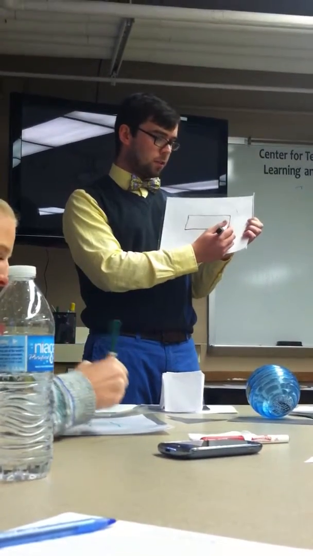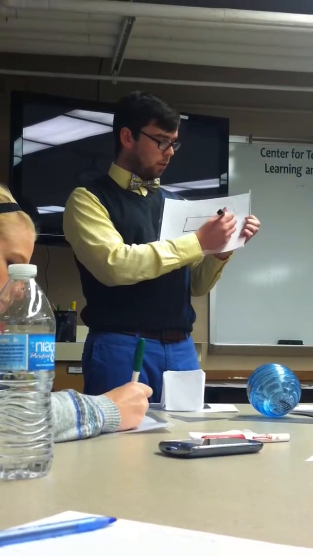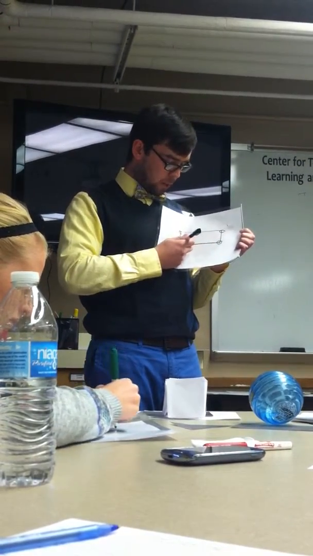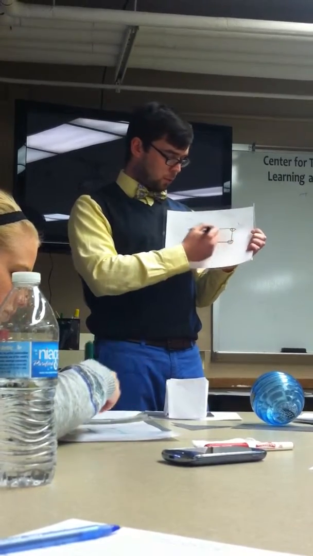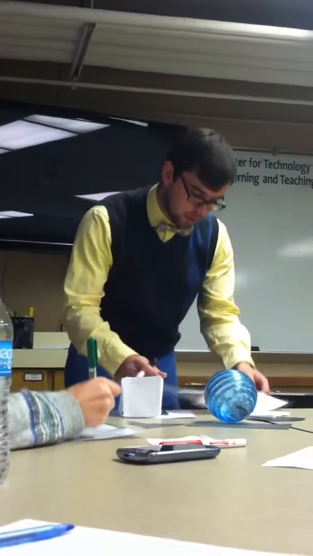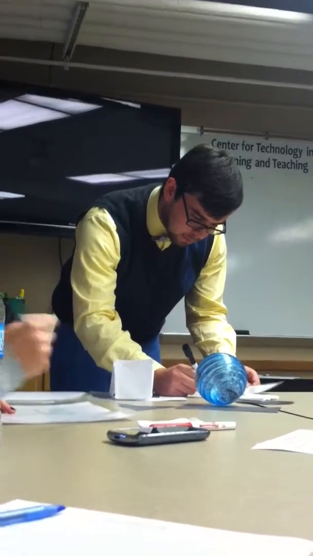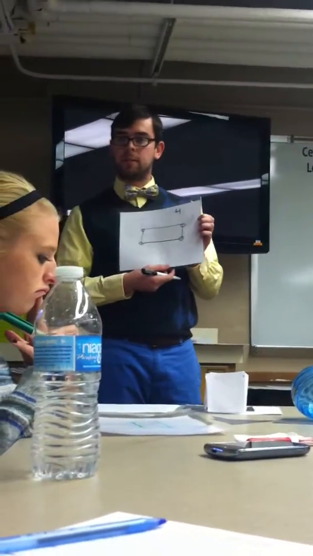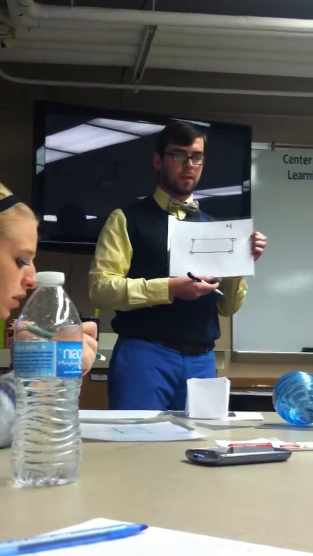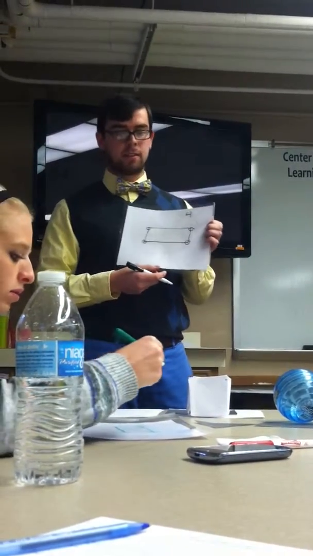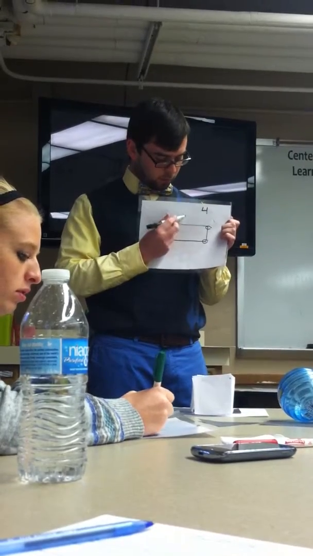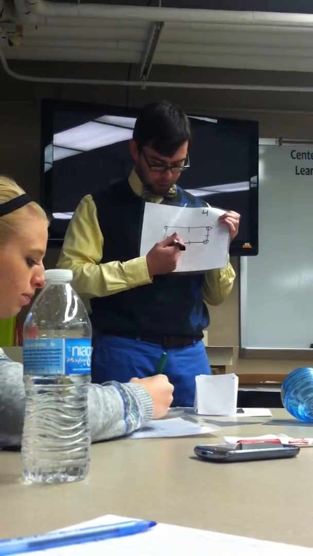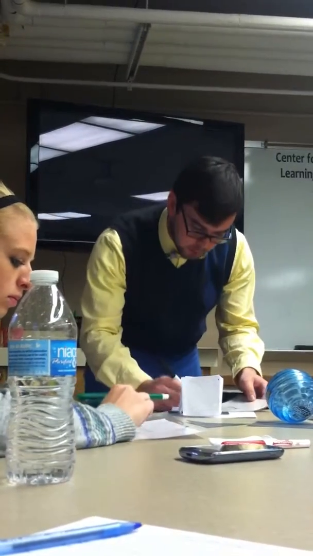So let's circle all the corners and add them up. So we have 1, 2, 3, 4 vertices. And do you guys know how to determine the edges? Sides. The sides. So we have 1, 2, 3, 4 edges as well.